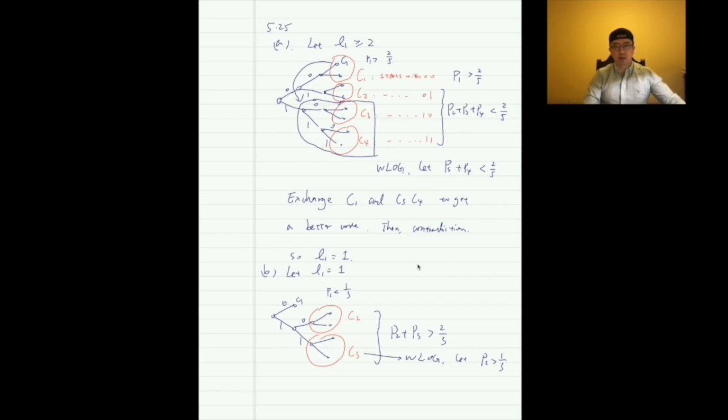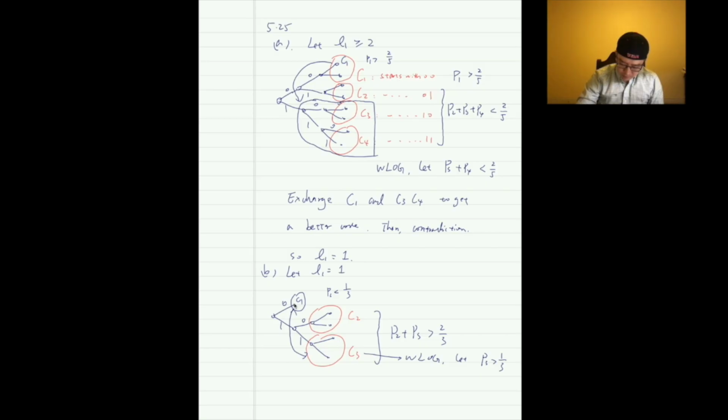So now we know this probability is bigger than 1/3. Is there anything that we can do? Because this guy has a bigger probability, what we can do is make C1 go to here, and make all of this subtree go to here. Then we can again reduce the average code word length. So basically, we exchange this and that.